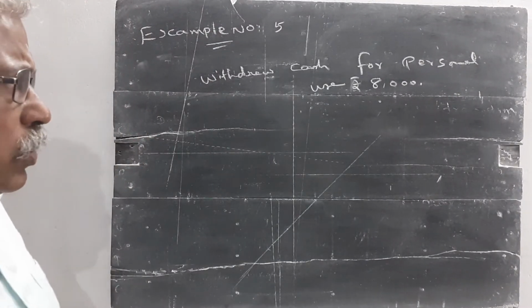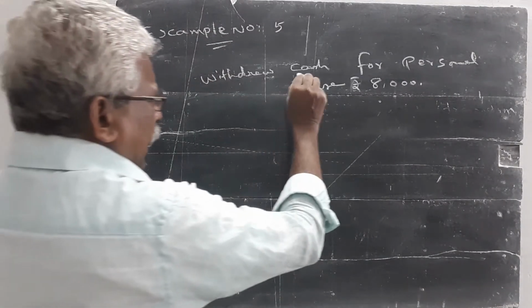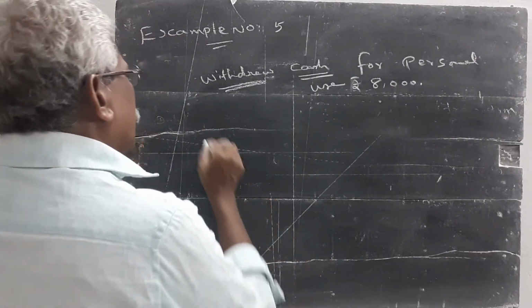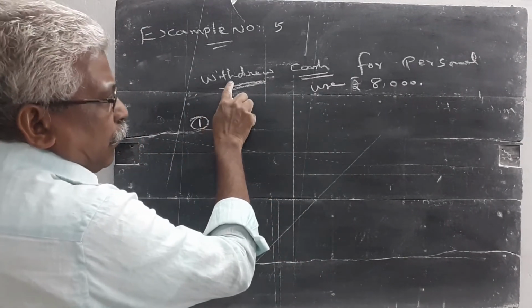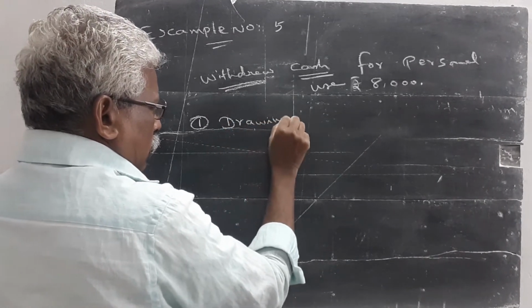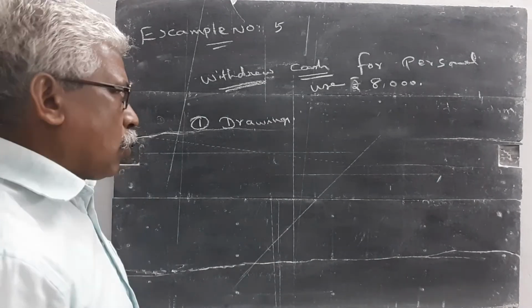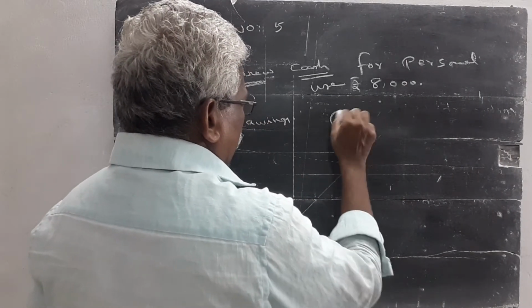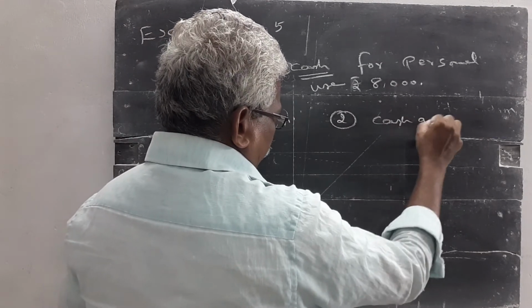What are the two accounts? Number 1 is cash account. Number 2 is withdrew. Here, if any amount is withdrawn, instead of writing withdrew you write drawings account. First account is drawings account, second account is cash account.